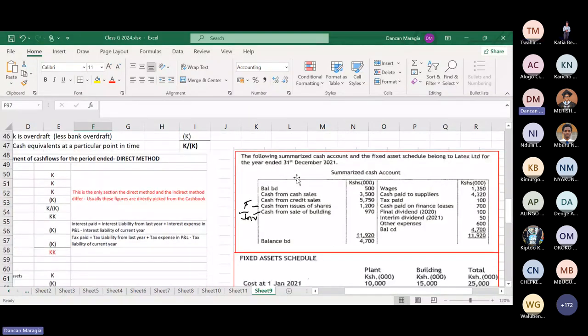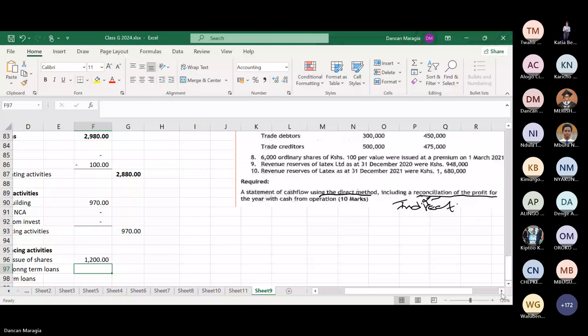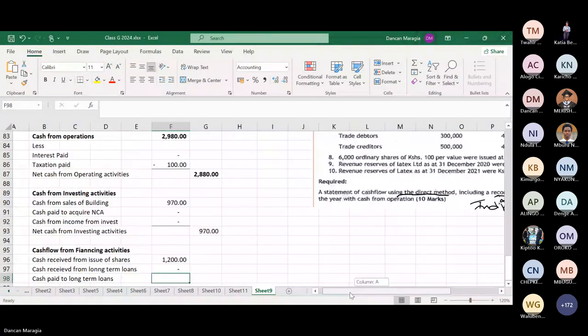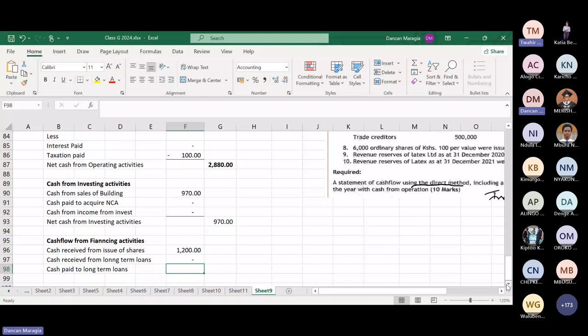No. Cash sales, credit, no. But did we repay any long-term loans? Yes, the finance lease of 700. So in the direct method, it's actually the cash book you are showing as a statement. Okay. Minus 700.